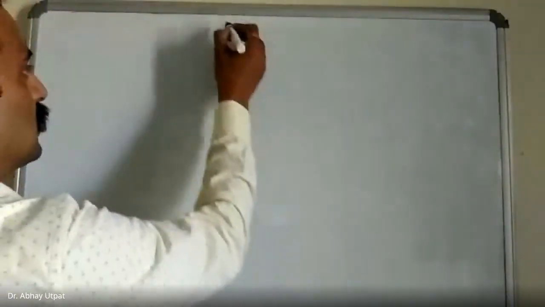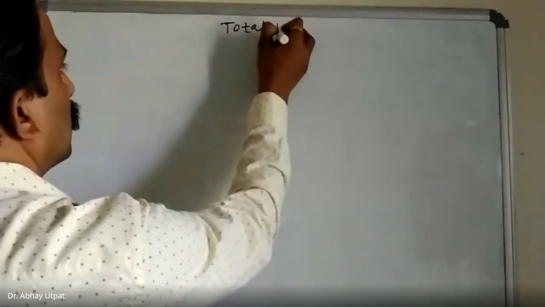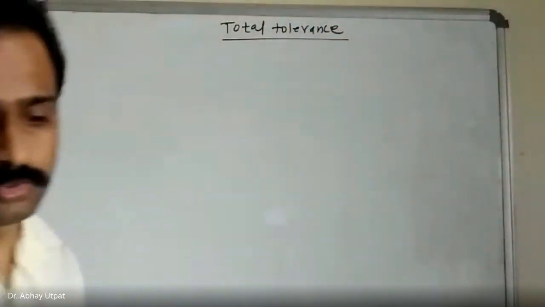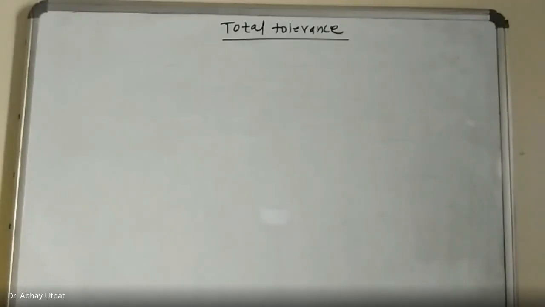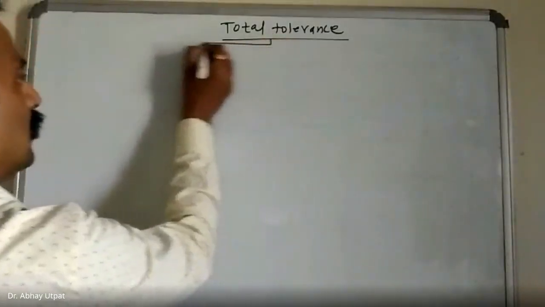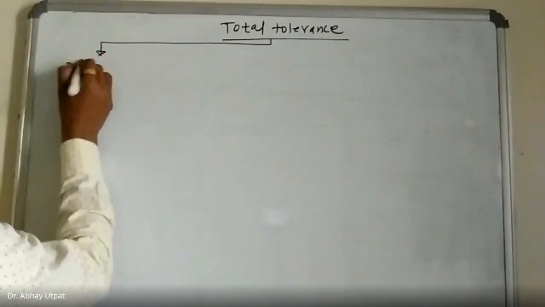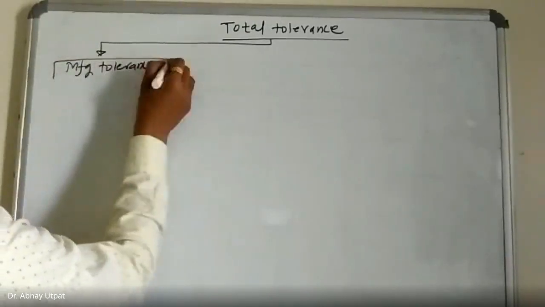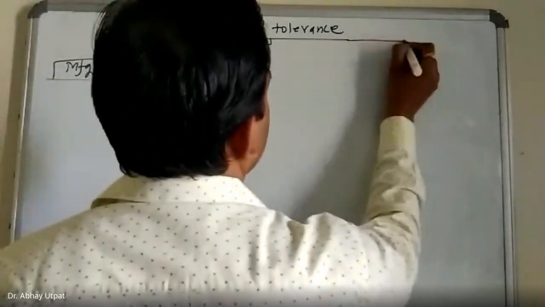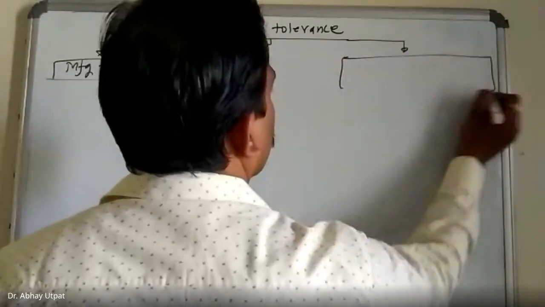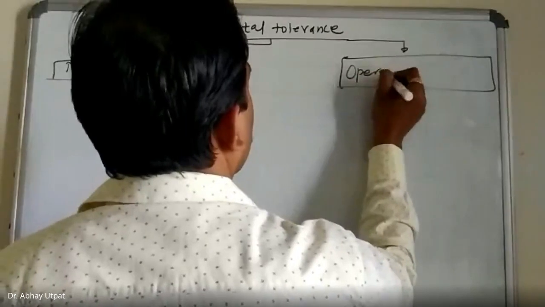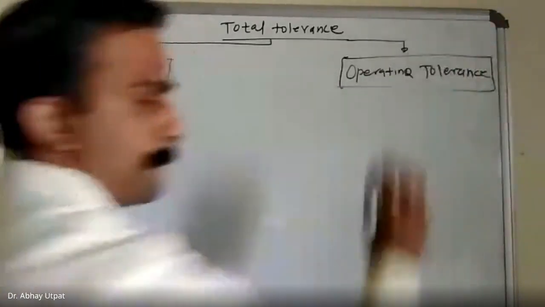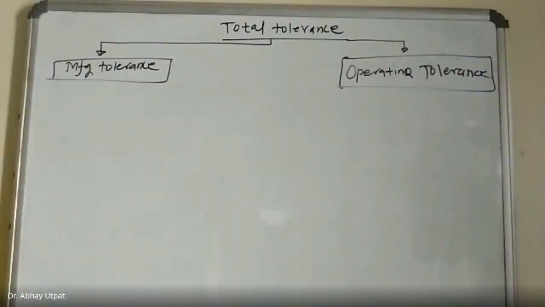Total tolerance. Now, total tolerance is divided into manufacturing tolerance and operating tolerance.